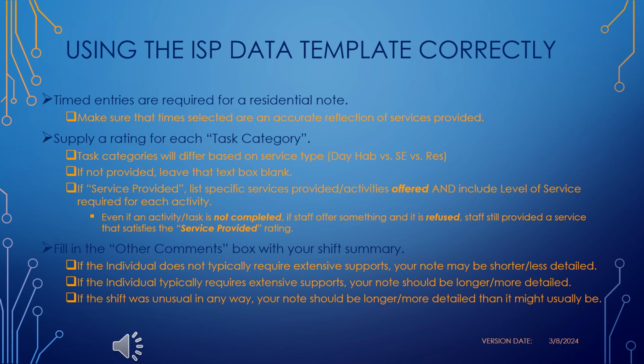If there are more services provided, it makes sense that the staff have to provide more supports and more services. Staff should be detailing in a higher level of detail in those notes.